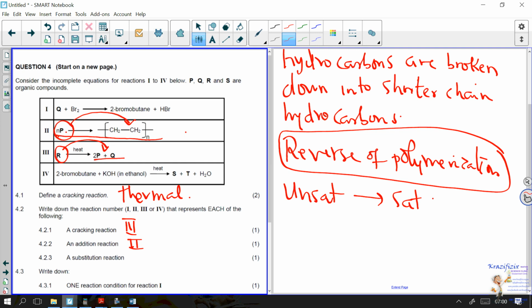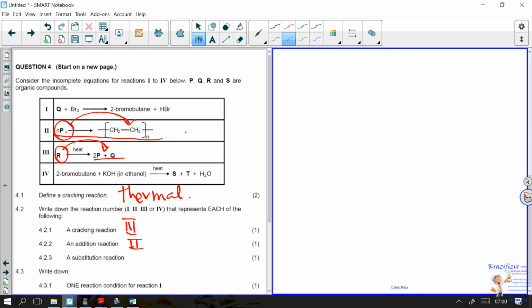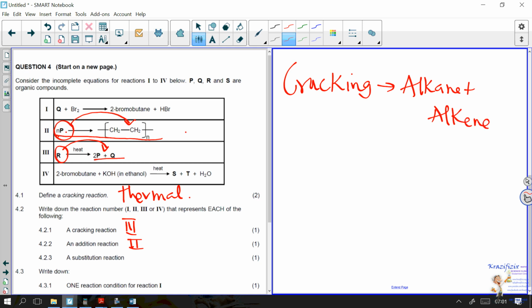Okay, guys, we cannot answer these questions in isolation. I quickly want to show you something here before we go on to answer this question. When you talk about cracking, look at this. We are going to produce an alkane and an alkene. That is quite general. So look at R. We said R produces 2P plus what? Q. Look at my P, reaction 2.